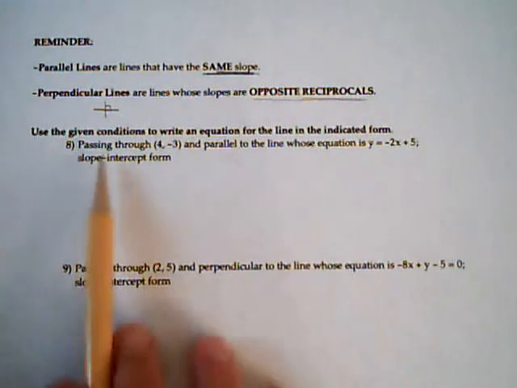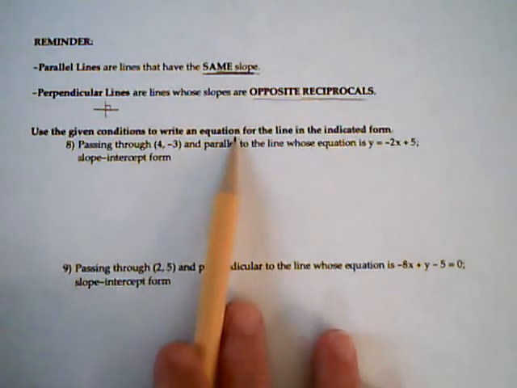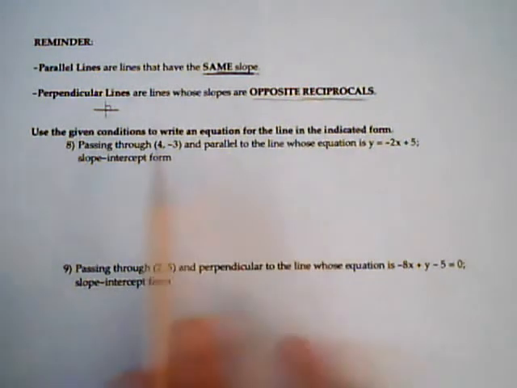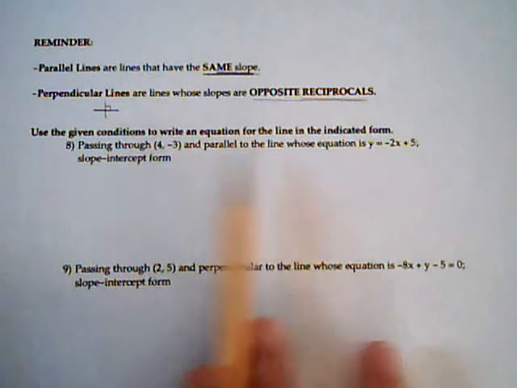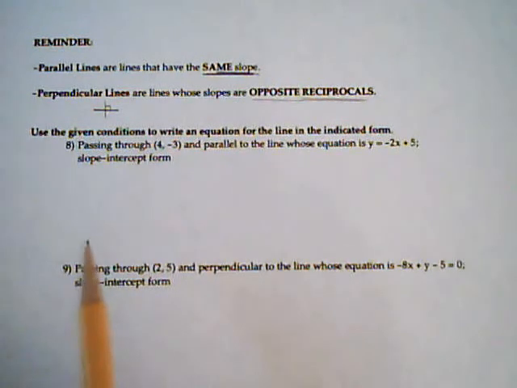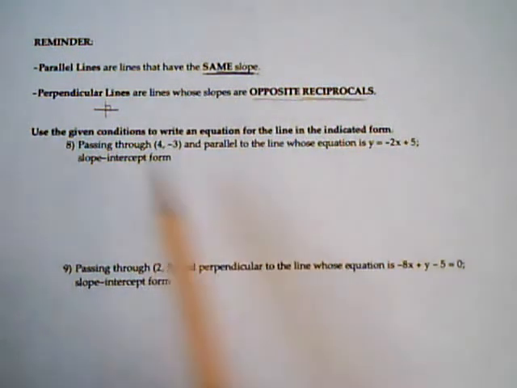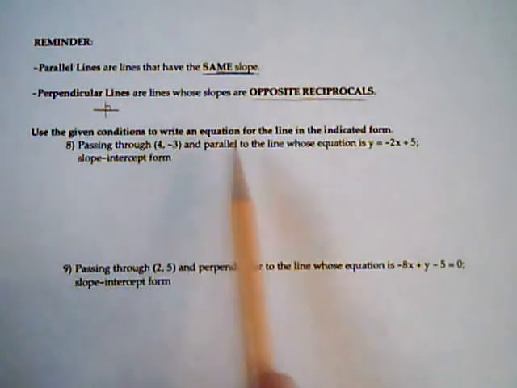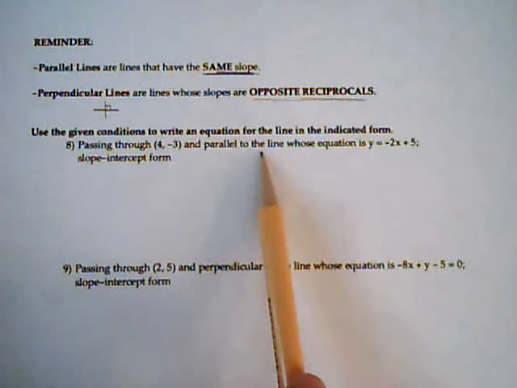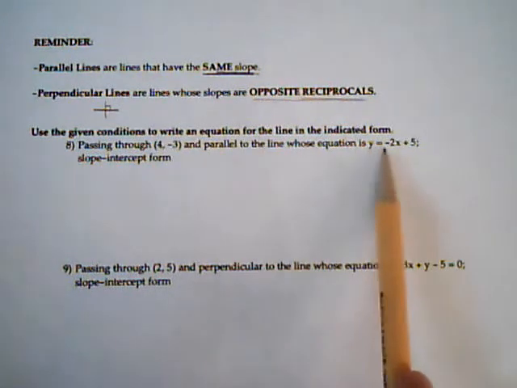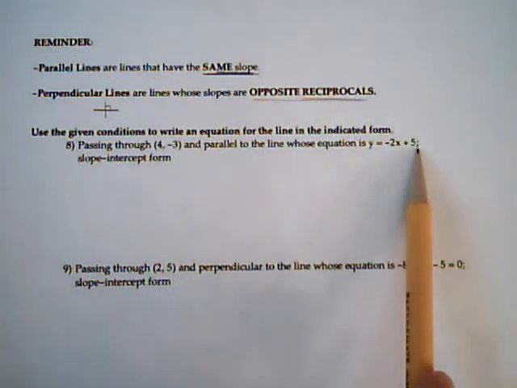So what you will have to do on the homework is, again, writing equations of a line. They're going to give you some information. Use that information along with the point slope form to write the equation. So this says passing through the point 4, -3 and parallel to the line whose equation is y equals -2x plus 5.